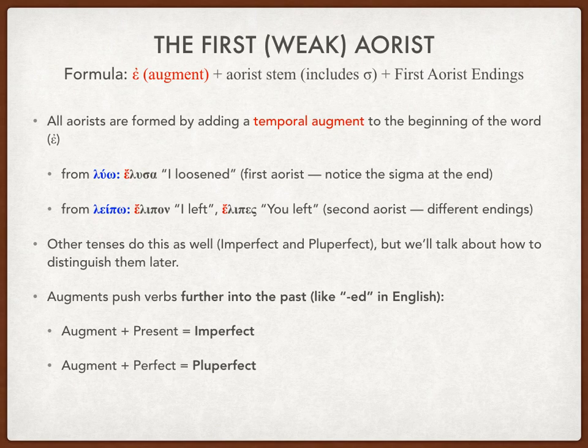Eventually, we will learn that other tenses use these sets of endings as well, particularly the same ones as the second aorist, namely in the imperfect and pluperfect, but we'll learn about those later on next semester. So you don't need to worry about that for now, but just be aware that some of these will come back. So it's important to learn these endings and spend some time memorizing them.